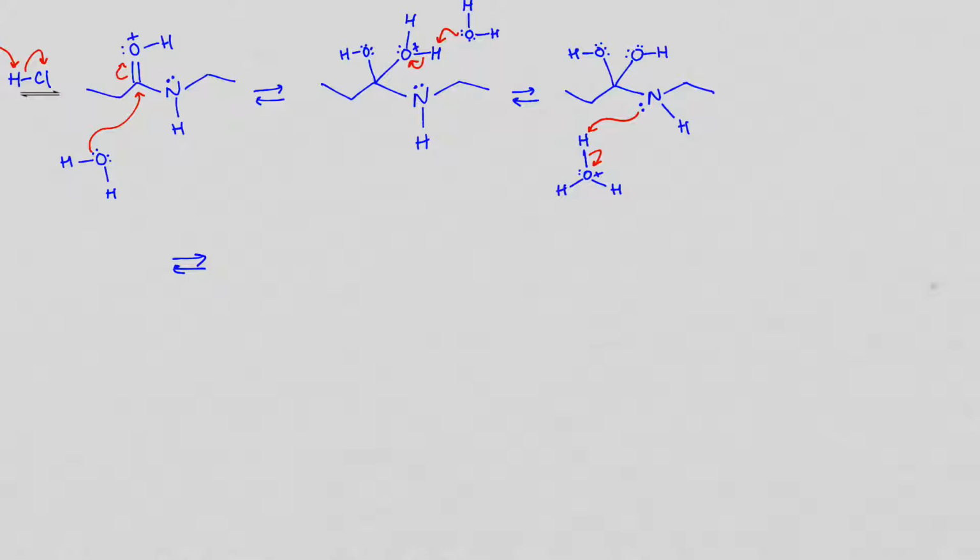So now we have this. So now we have this intermediate again. Here we go now. We will reform our carbonyl, punch out some ethylamine while we're at it.